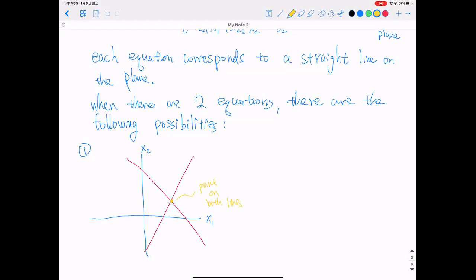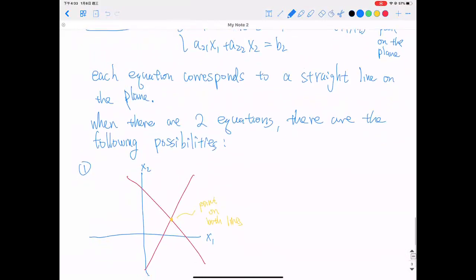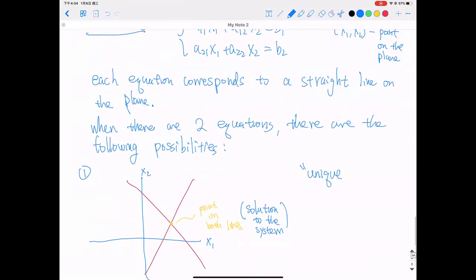This point being on both lines means that it corresponds to a pair of numbers making both equations true, so it corresponds to a solution to the system. The fact that you see only one such point means that in this situation, the system has a unique solution.